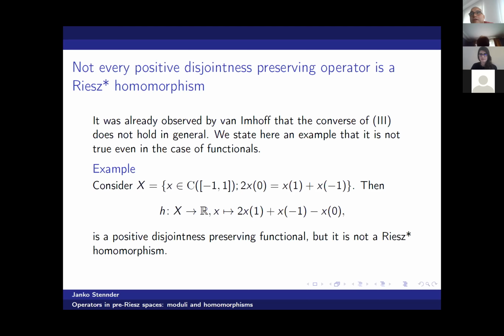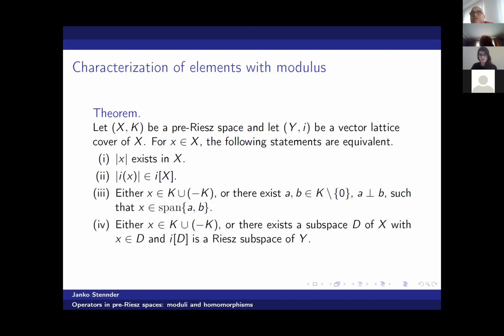Generally, when we define this modulus, we expect that general elements have an orthogonal decomposition. So do we have such results? Am I clear? If I take a general element X, can I find two positive elements Y and Z, which are orthogonal, such that X can be written as the difference of Y and Z? The question is if we can always find two disjoint elements such that X is a difference of disjoint elements.